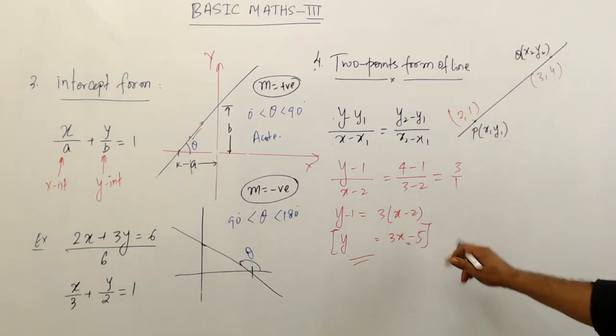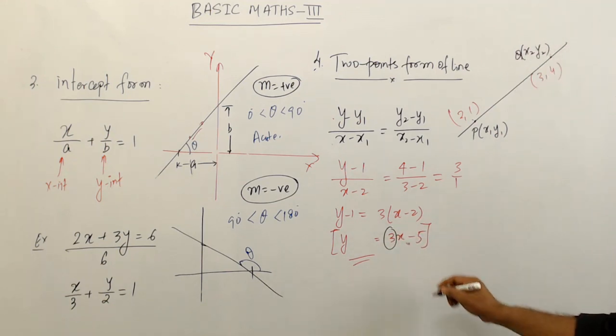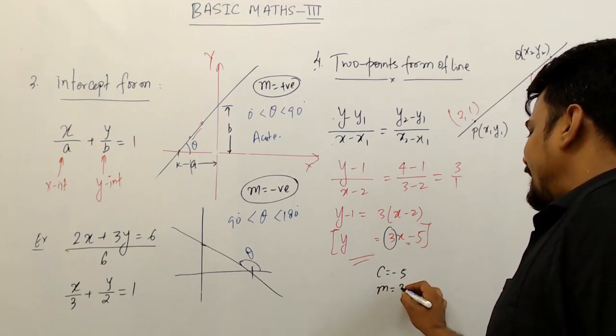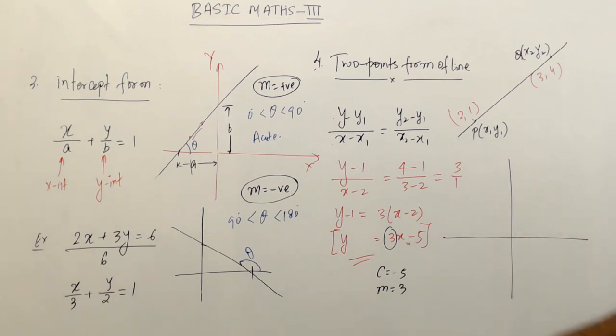If I look at this one, the slope is 3, which is positive, with a y-intercept of minus 5. C is minus 5 and slope being 3. Now, I know the y-intercept is minus 5, so somewhere here, let's suppose. Slope is positive 3, so the line could be like this. I did not bother to find the x-intercept because I just drew a rough diagram.